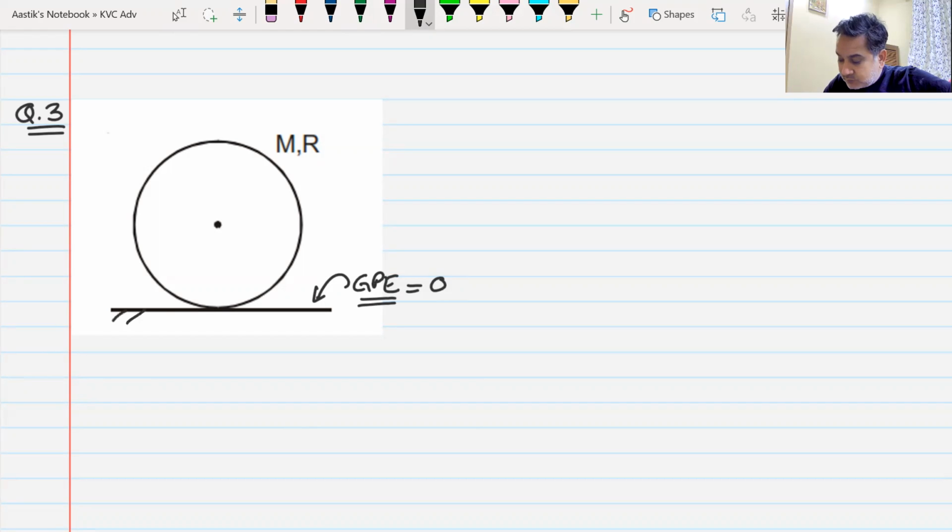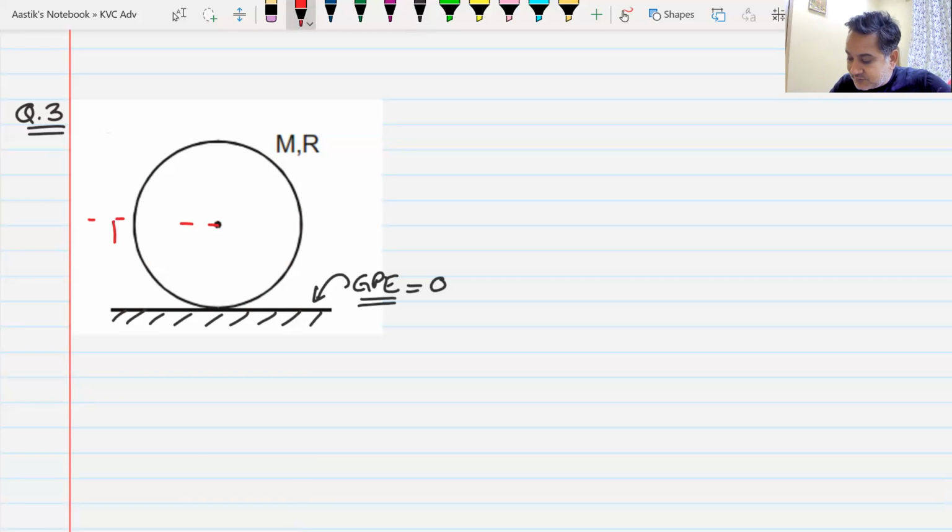This is ground. mgr, sir. We just locate its center of mass.